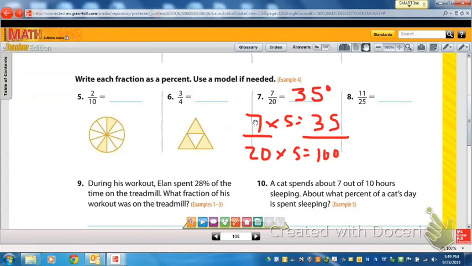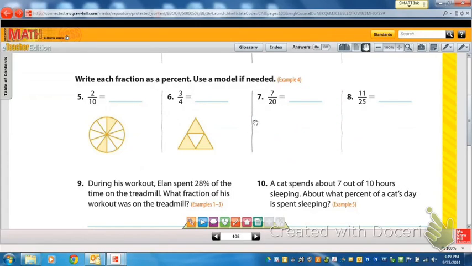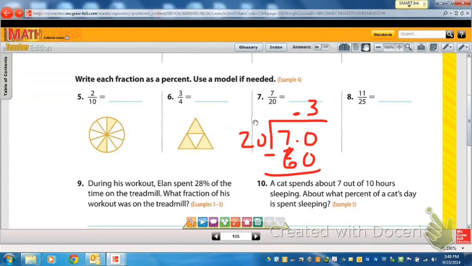So my answer would be 35%. Or I can go 7 divided by 20. And then 20 into 10, bring down my 0. 20 into 100 goes 5. So 35%. Either way, I get the same answer.